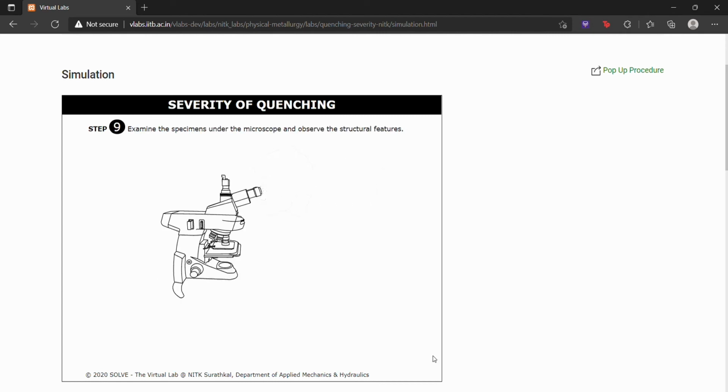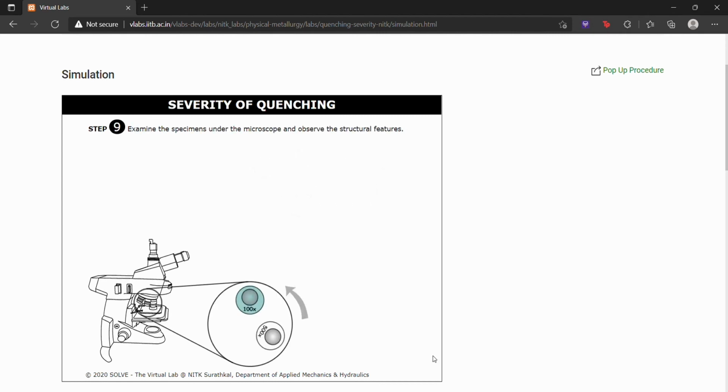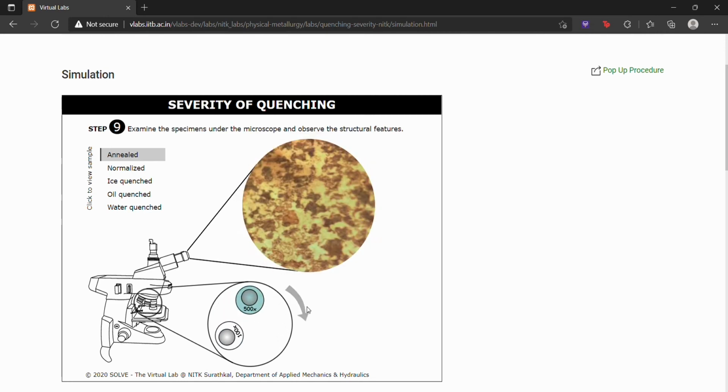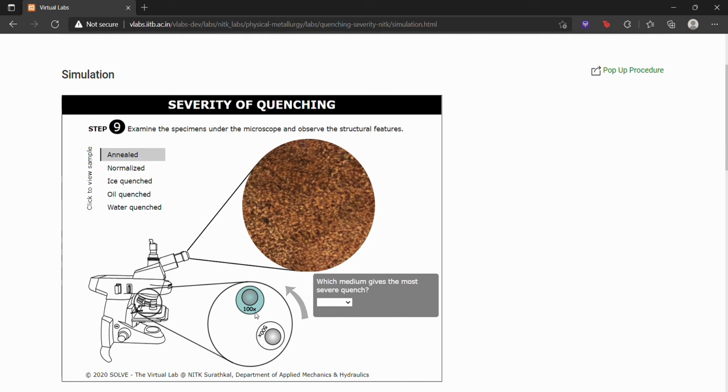Next, step 9 is to examine the specimens under the microscope and also observe the structural features. So this is for 500 times of the scope, and while this is for 100 times for the scope.